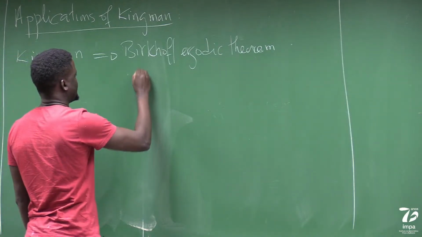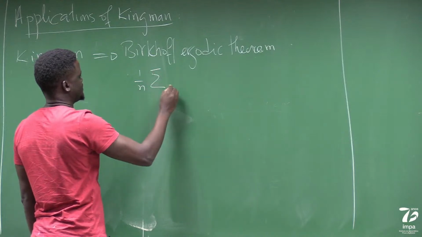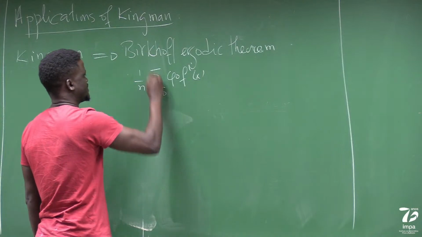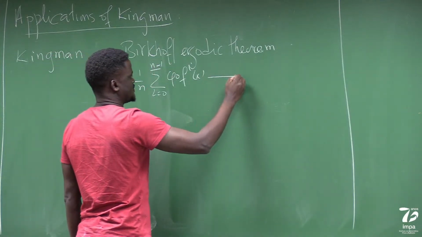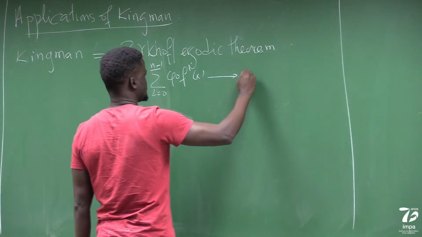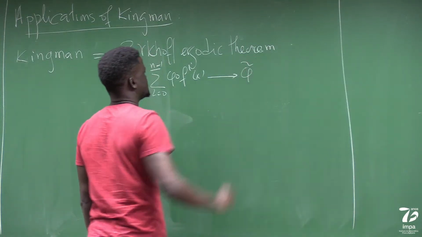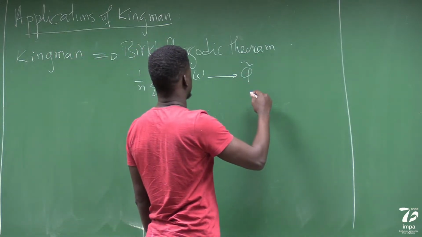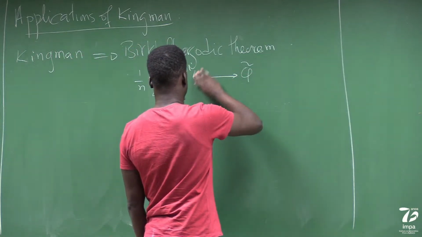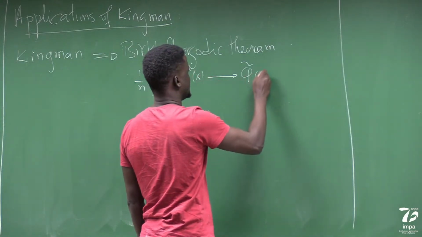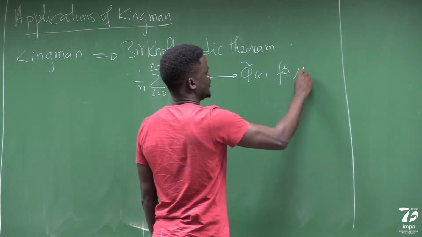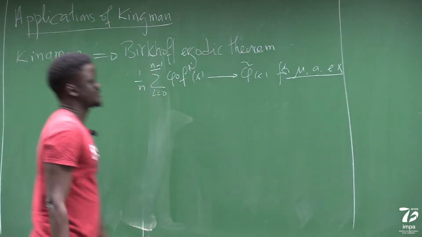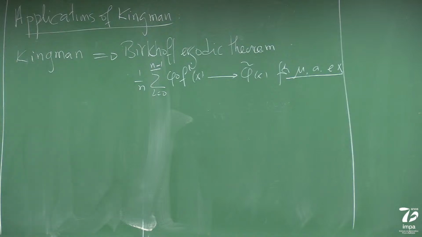You have 1 over n, the sum of phi composed with F^i of x, i equals 0 to n minus 1, converging to some function phi tilde, where phi is L1. What was interesting is that this convergence holds for mu almost every x. This is important, the fact that this convergence is with respect to this measure.